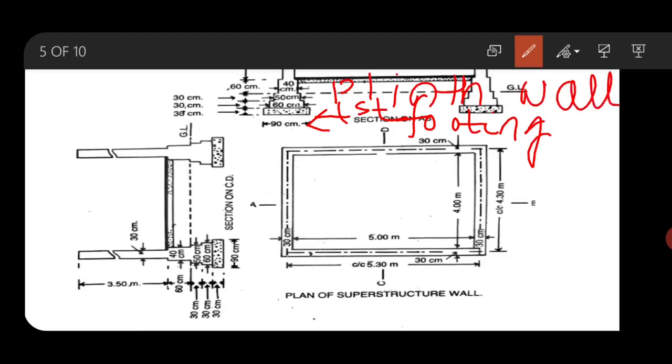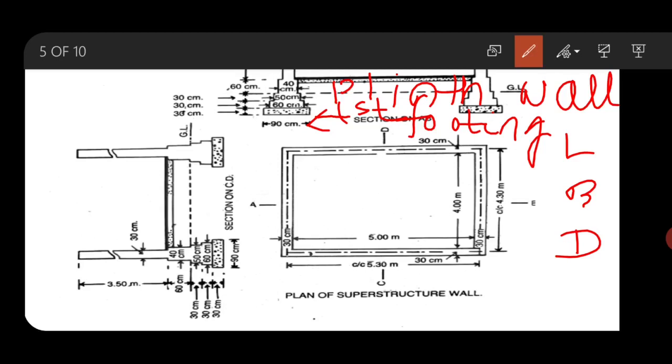So the brickwork in foundation will include the quantity of brickwork in first footing, second footing and plinth wall, and it will also include the quantity of brickwork in both long wall and short wall. This is also a cubic meter item and it has length, breadth and depth.